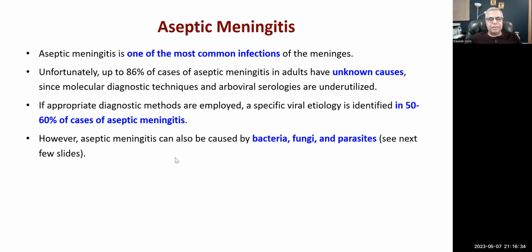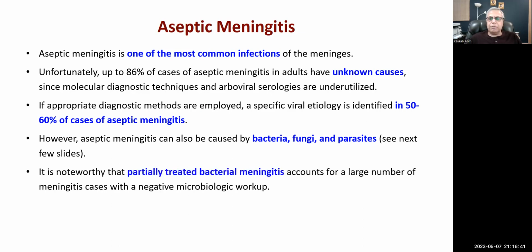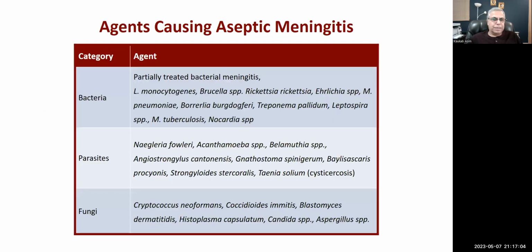However, aseptic meningitis can also be caused by bacteria, fungi, parasites, and I think I've already mentioned some. It is noteworthy that partially treated bacterial meningitis accounts for a large number of meningitis cases with negative microbiologic workup. So that is, when you treat, you must give treatment for a sufficient period of time, which we will discuss under treatment, right?